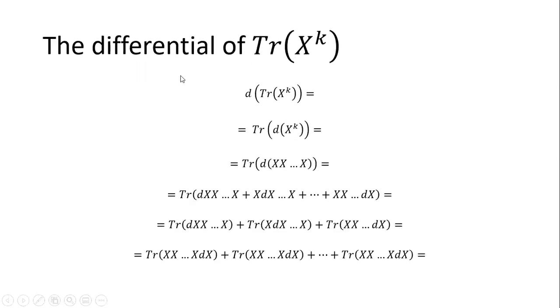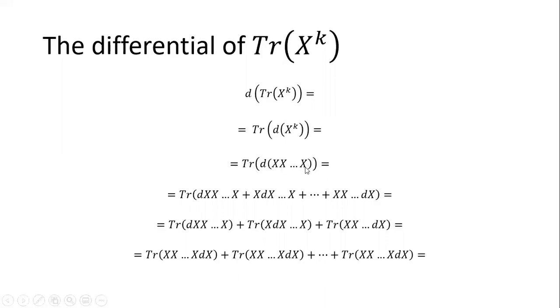And now we can show the differential of the trace of x to the power of k. So the differential of the trace of x to the power of k equals the trace of the differential of x to the power of k. That we can see by the previous argument. And now we will open this expression and get the trace of the differential of x multiplied by x, k times.